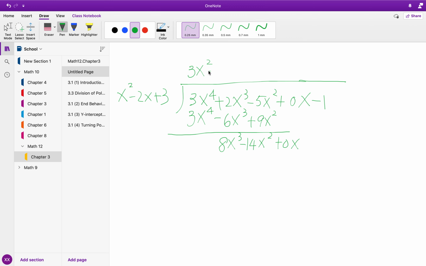Sure enough, I'm going to multiply by 8x to the power of 1. Then this will give me 8x to the power of 3. And then this is going again. Now that is negative 16x to the power of 2, and then 24x.